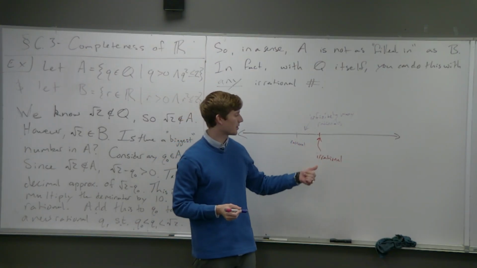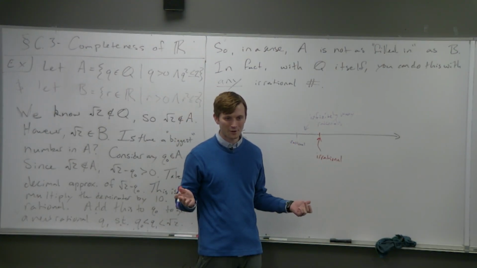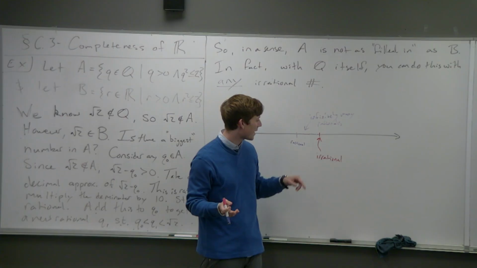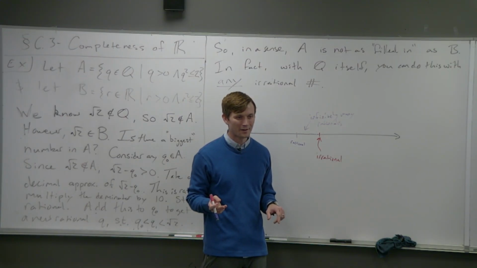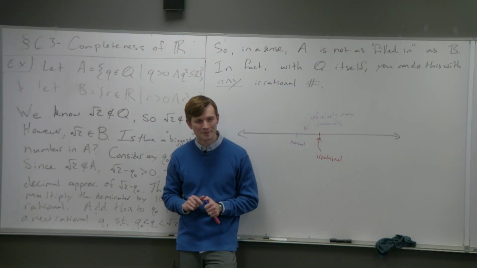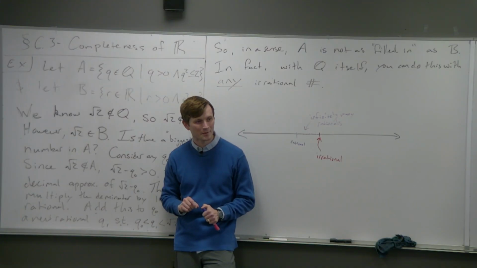Between any rational and irrational number, there's infinitely many rational ones, right? But you still don't have that irrational number. Now, think about this. Pick any two rational numbers. Is there an irrational number between them?